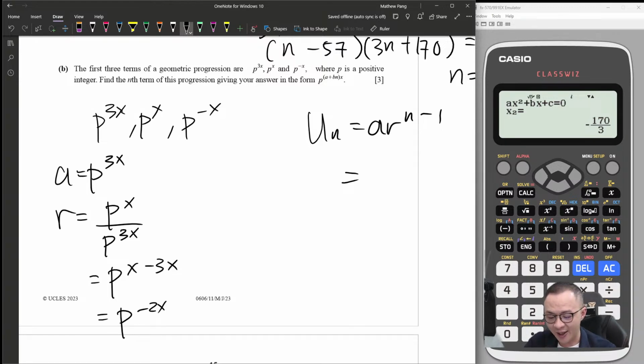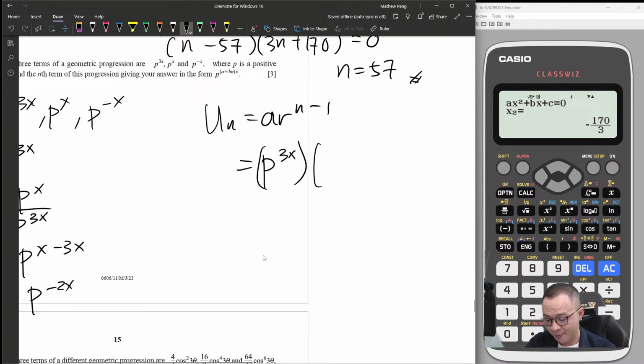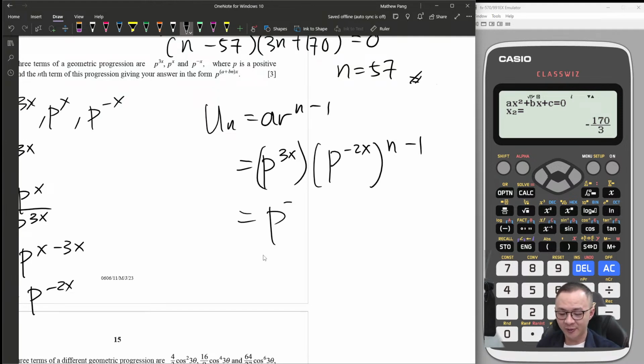Okay, a is p power of 3x. R is p power of negative 2x. Multiply with n minus 1. Okay, so multiply mean plus at the power.